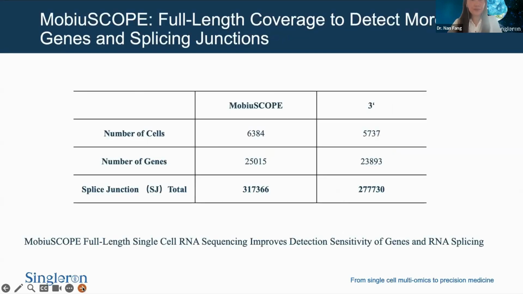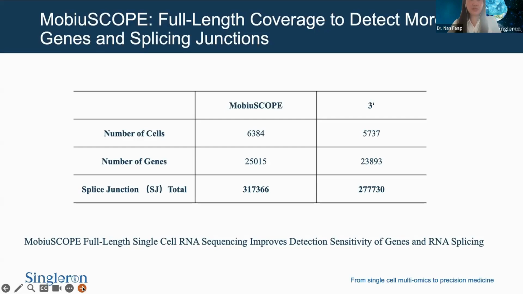And here, of course, we do have full-length coverage with the MobiuSCOPE method. With the deeper sequencing and also with sequencing from both 3' and 5' end, we avoid losing essential information.